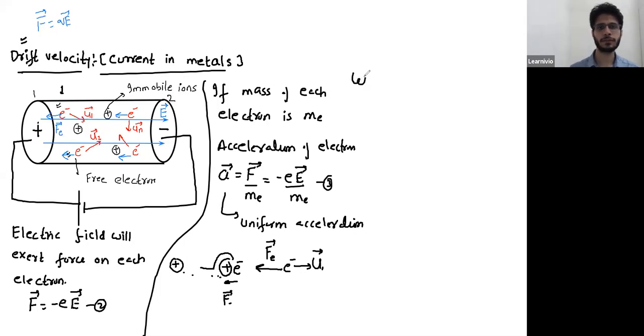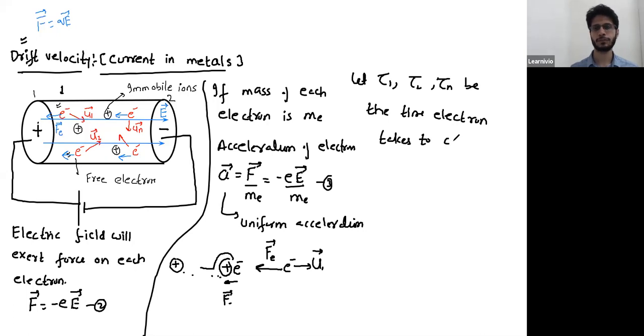Let tau 1, tau 2, tau n be the time electron takes to collide with successive ions.